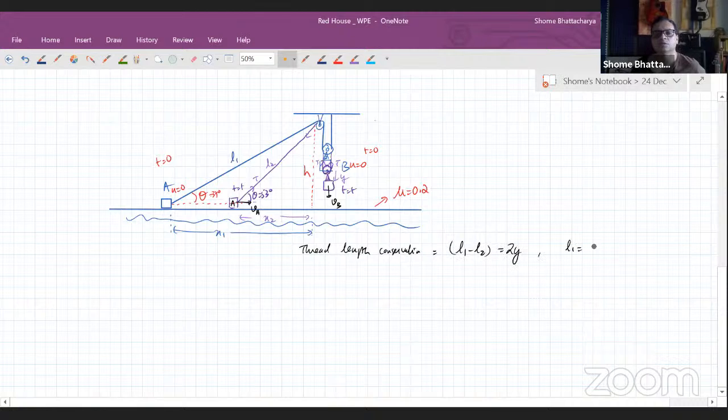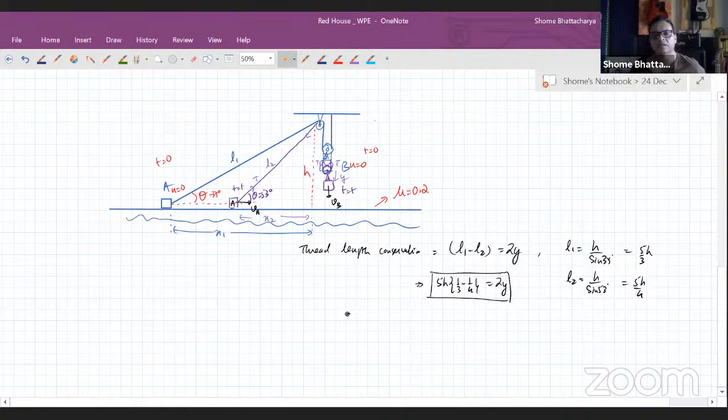Now L1 is going to be H by sine 37, so that is 5H by 3. And L2 is going to be H by sine 53, so that is 5H by 4. That's the first thing. So we have 5H into (1 by 3 minus 1 by 4) is equal to 2Y.